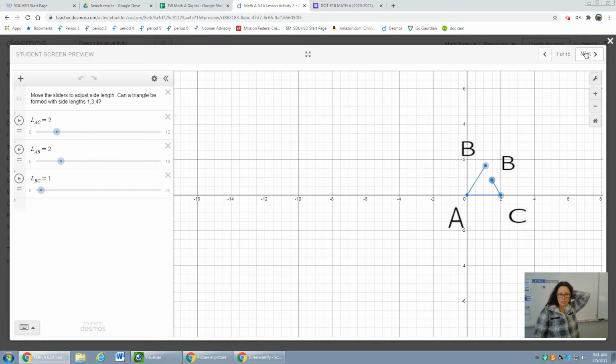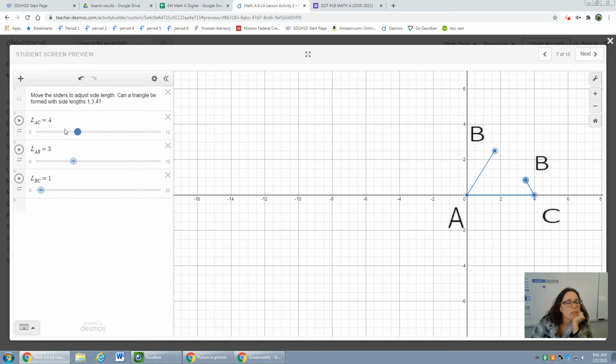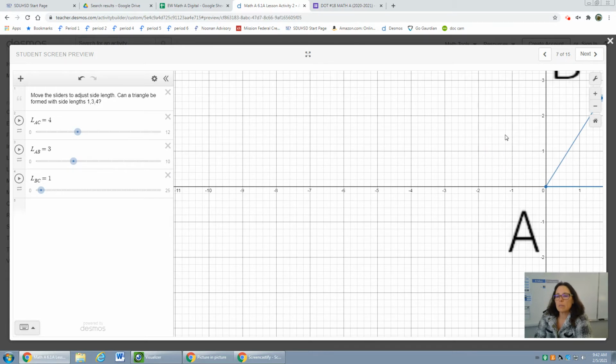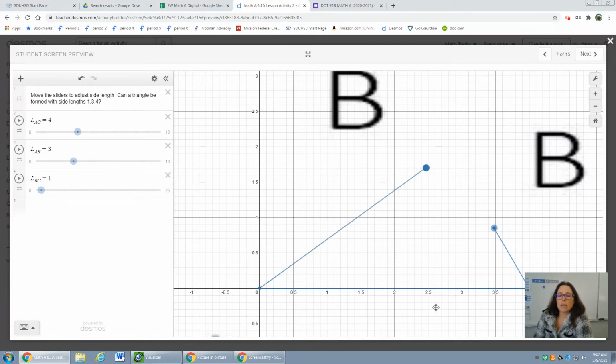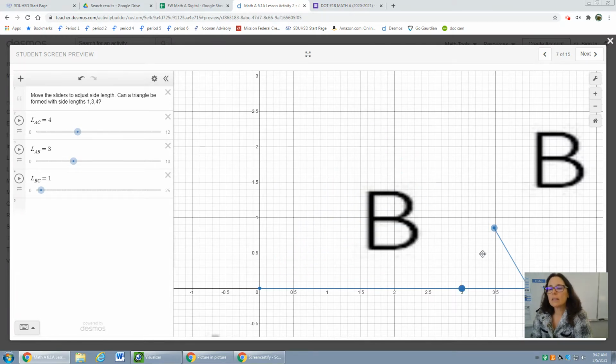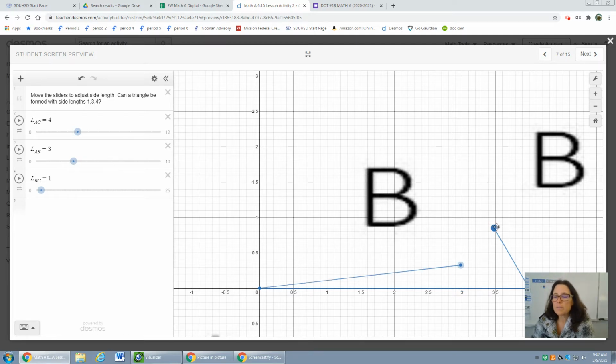Okay. The next one, 1, 3, 4. It doesn't matter which one you let be 1, which one you let be 3, and which one you let be 4. Let me blow this up. What do you think? This kind of just closes down on itself, doesn't it? Where did that one line go? There it is.